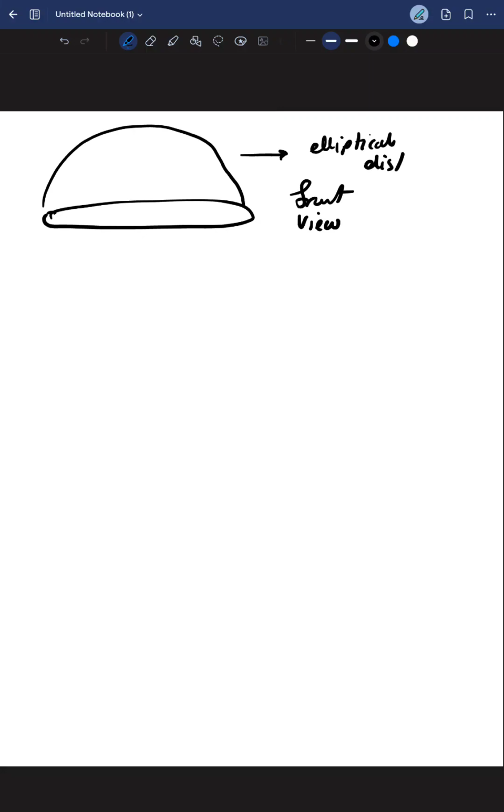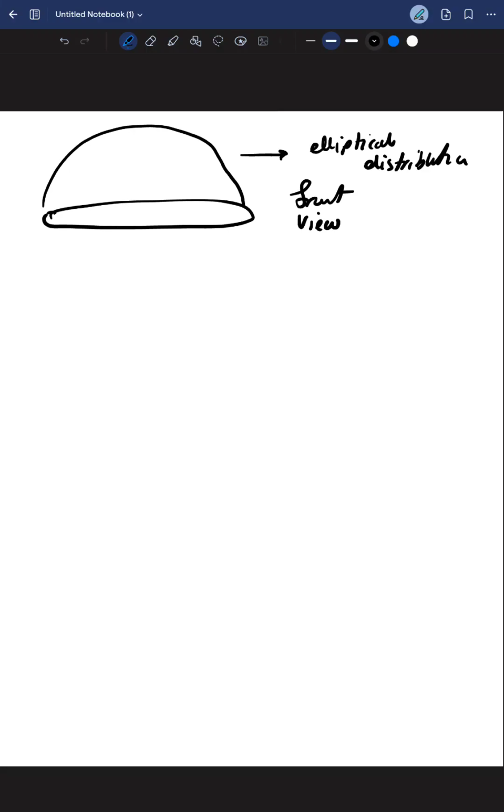Okay, so chapter 5, the only type of problem you will see is that you will be given a distribution of circulation. So let's say this is a top view, front view of a wing. If you recall, we said that elliptical distribution is the most common distribution, right?